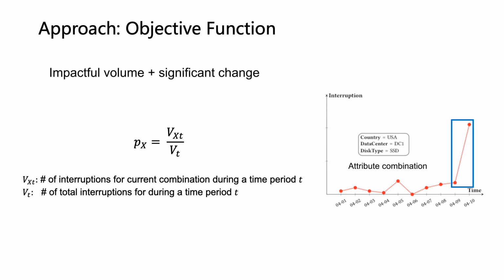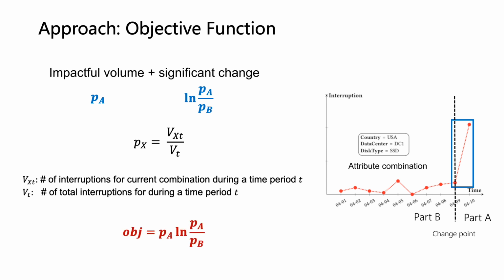Then, for each searched combination, we perform change point detection and divide the whole time series into two parts: the part before the change point, part B, and the part after the change point, called part A. We use PA to reflect the impact for volume, and log of PA divided by PB to reflect the change rate, where the log operation is used to normalize the value. Finally, we use the impact for volume multiplied by the significant change as our objective function. A larger objective function value means the incident is more severe.